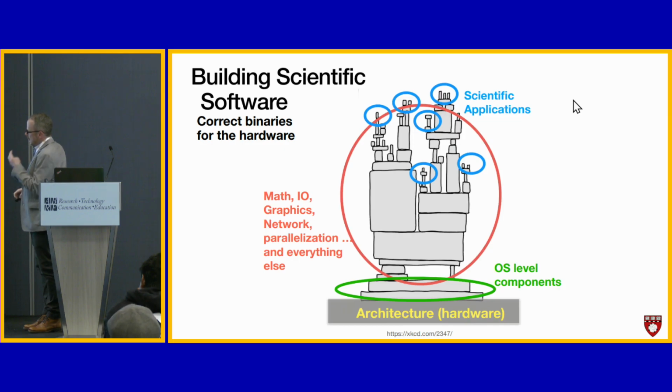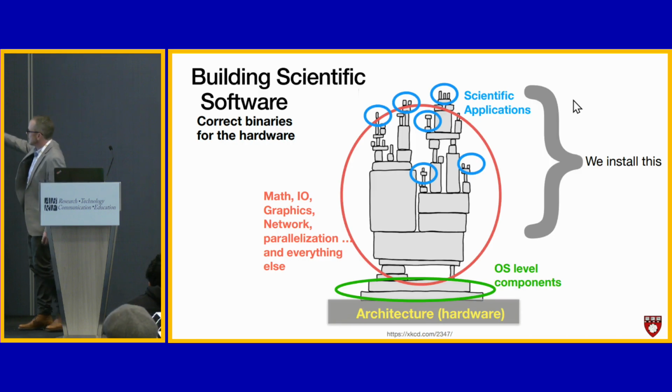These do the math, I/O, graphics, network, all of the important things that computing relies on, this core set of application libraries. And then there are these OS level components. So we install this part, right? We install as much of this as we can to make the software portable, robust, and reliable across multiple operating systems.